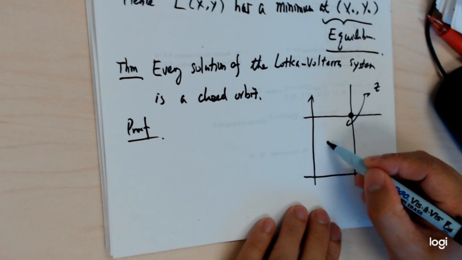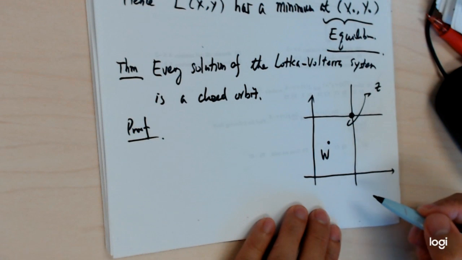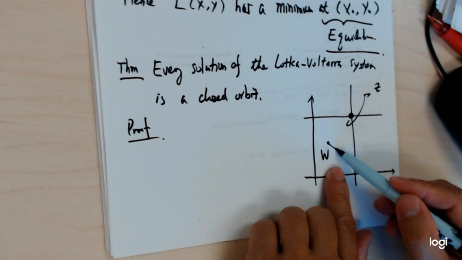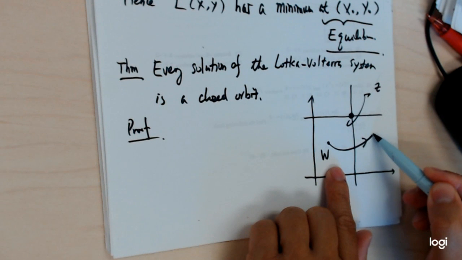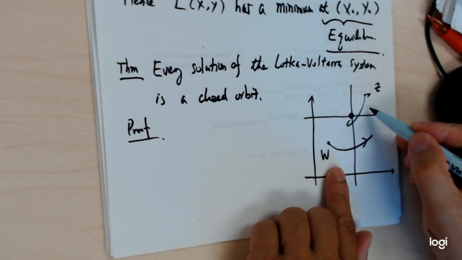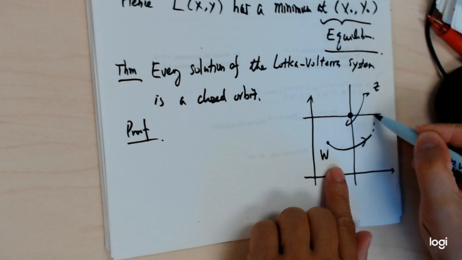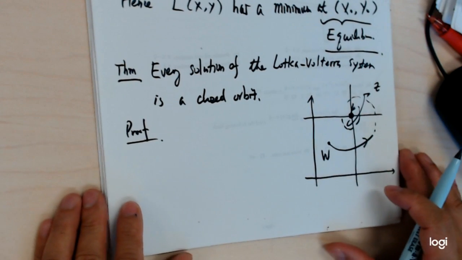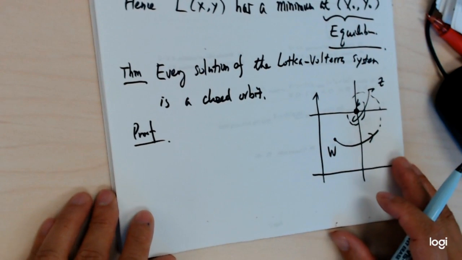So you start with any point W. I want to show you that this trajectory will not approach Z. Instead, it'll become a closed orbit. And that's what we're trying to prove here.